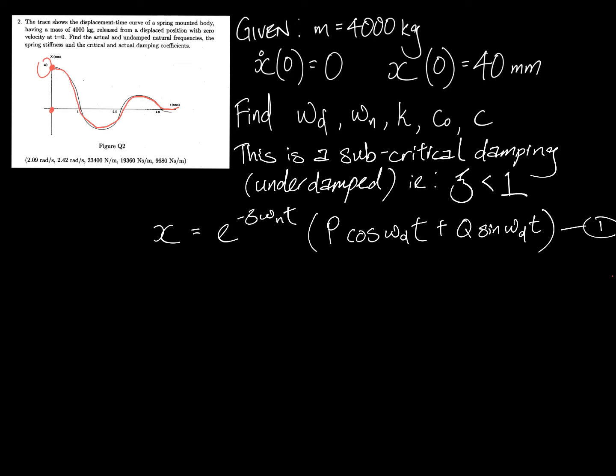So we have a P and a Q, which is what we want to solve, and we are going to use the initial conditions to help us derive P and Q so that the equation is specific for this system, right?